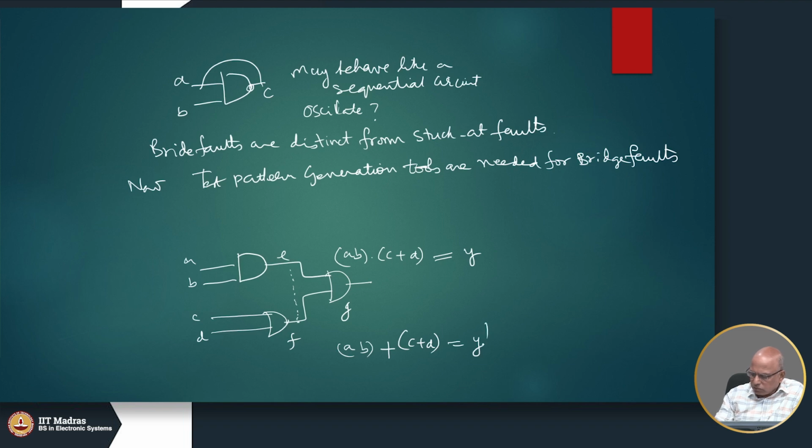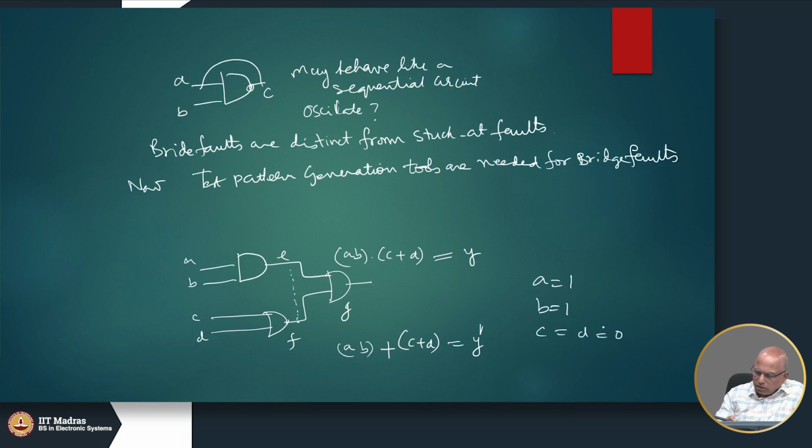Let us call this Y prime. So we have to apply A, B, C, D in such a way that Y and Y prime are different. So what might work? Suppose I put A equal to 1, B equal to 1, and C and D equal to 0.